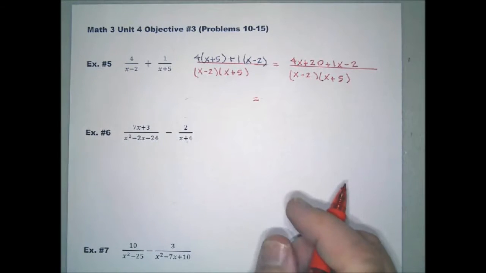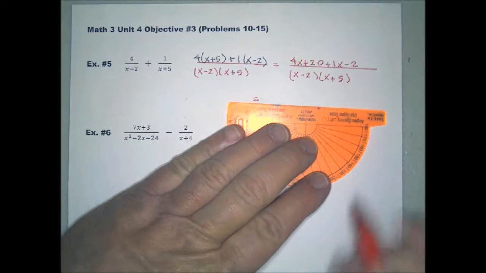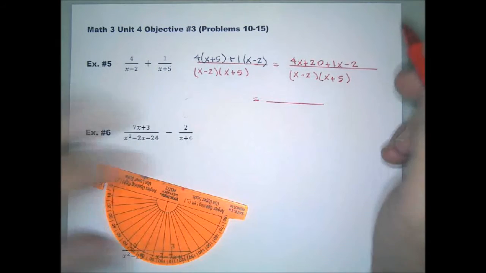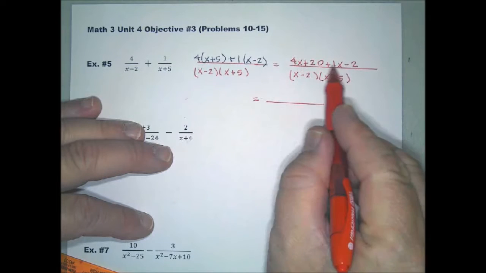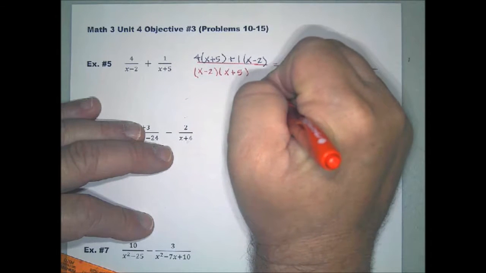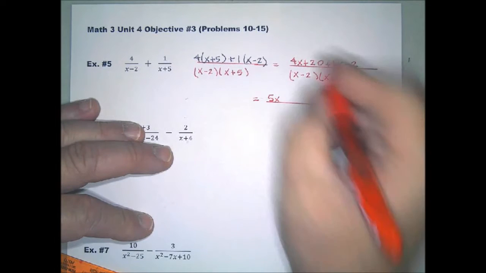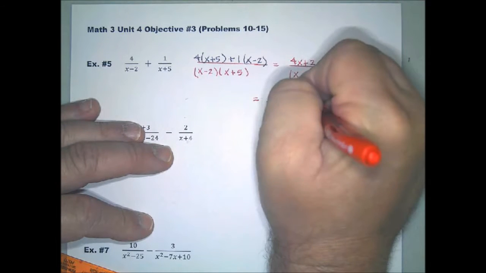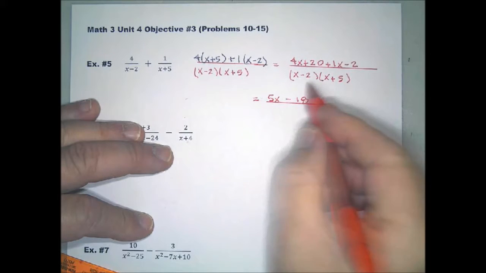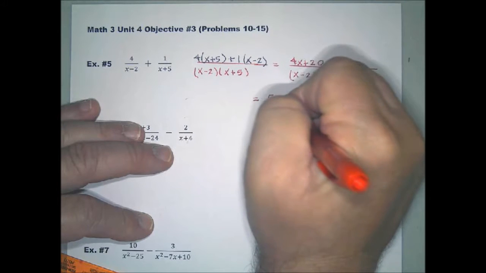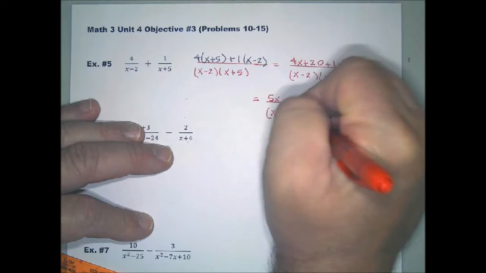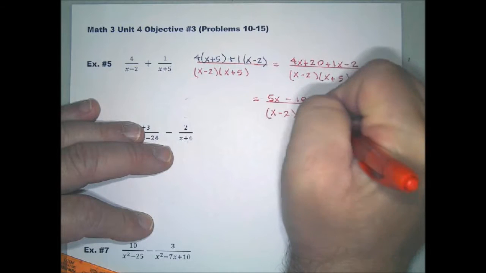Now, when you simplify this, you get 5x, 4x plus 1x is 5x, and then 20 minus 2 is 18, so 5x minus 18 over x minus 2 and x plus 5.